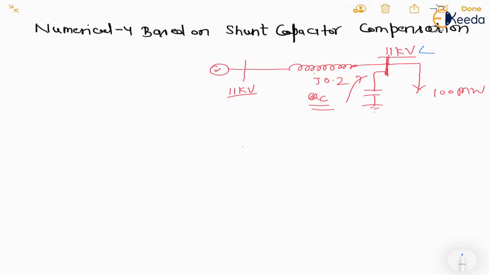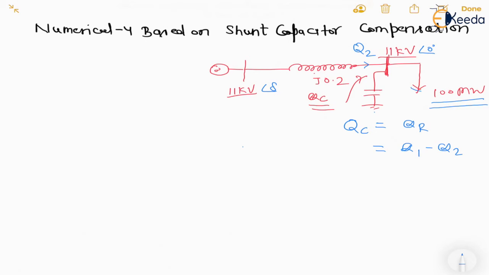Let us assume this angle is 0 degree and this angle is delta degree. You can see from here that this power is 100 megawatt. So if we are able to calculate this value of Q2, then we can calculate the value of QC, because we know that the QC applied will be equal to QR, and that will be equal to demand minus supply, that is Q1 minus Q2.